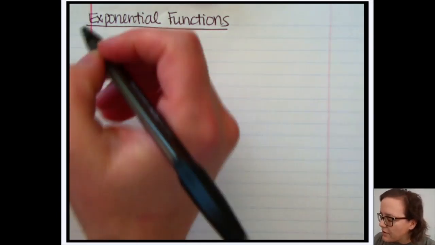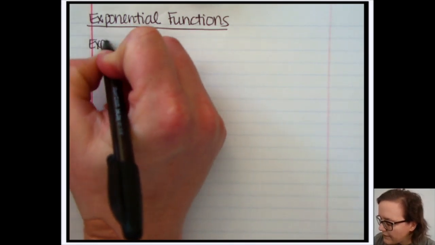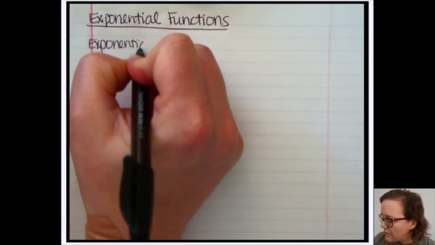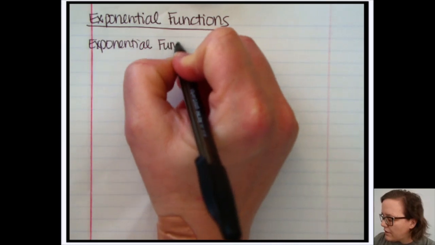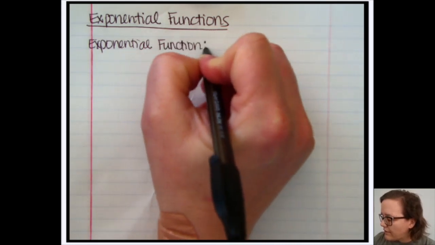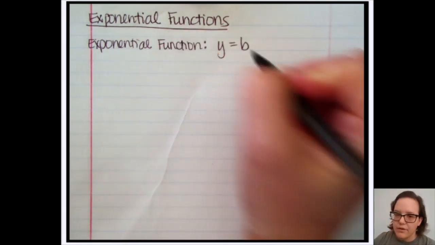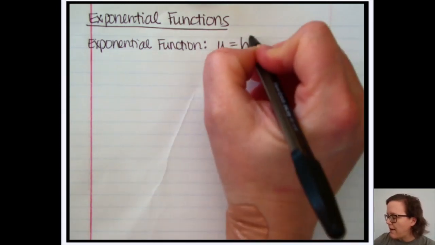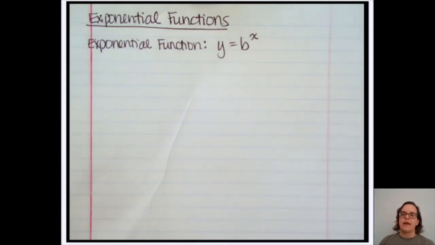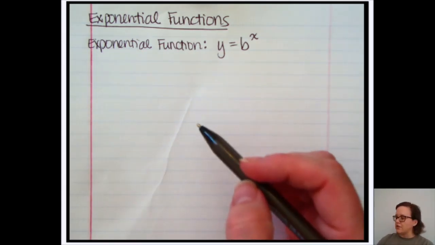Okay, so an exponential function is in the form of, we have some kind of base, okay, to a power. Okay, so that x is up in the exponent place. That is how we know it's an exponential function.